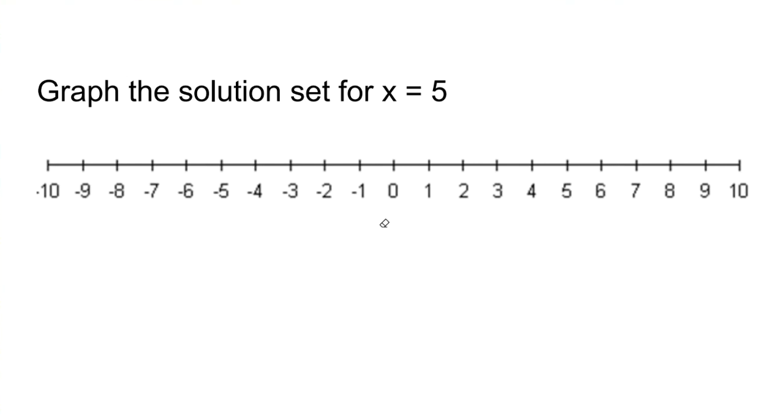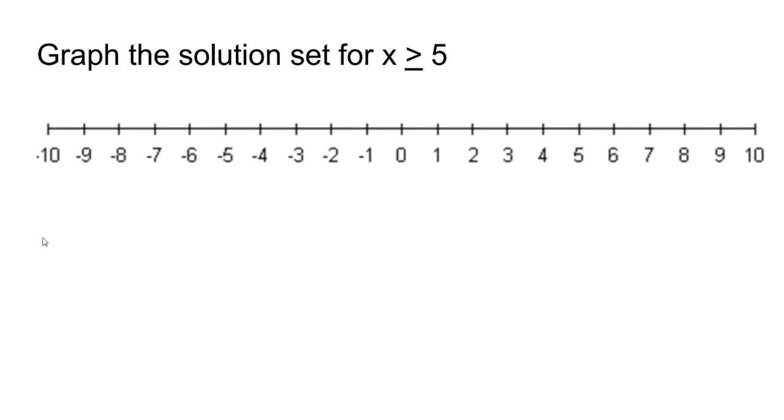Well, we don't usually graph an equation, so we could use a bracket like this or a bracket going in the other direction. But again, we usually don't graph the solution set to an equation. So we could even put a dot and say that, well, that is the only number that is part of our solution.